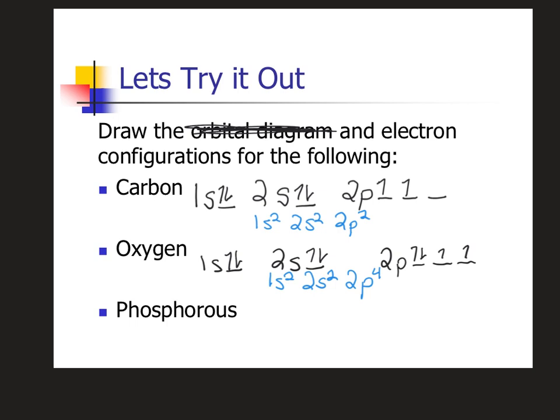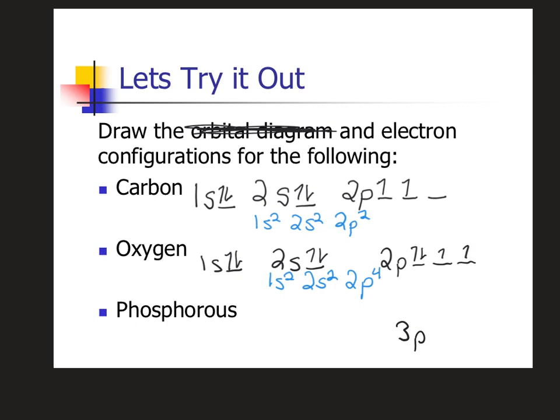Phosphorus. Even though we did these yesterday, it's not a bad idea to repeat these over and over again. Phosphorus ends in what row? Row 3. What block? The p block.